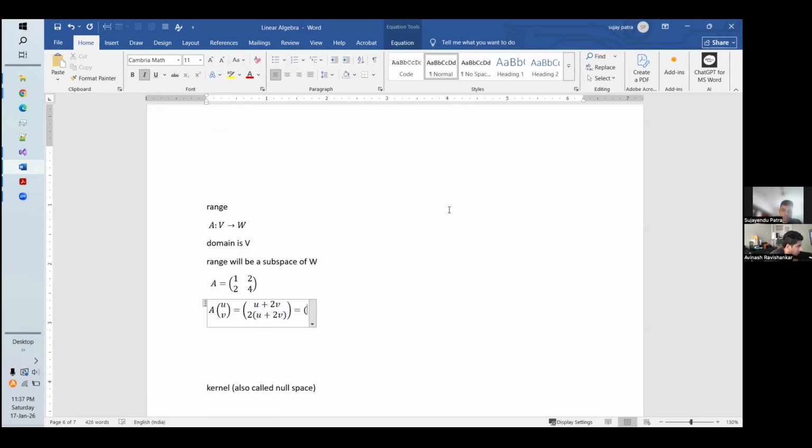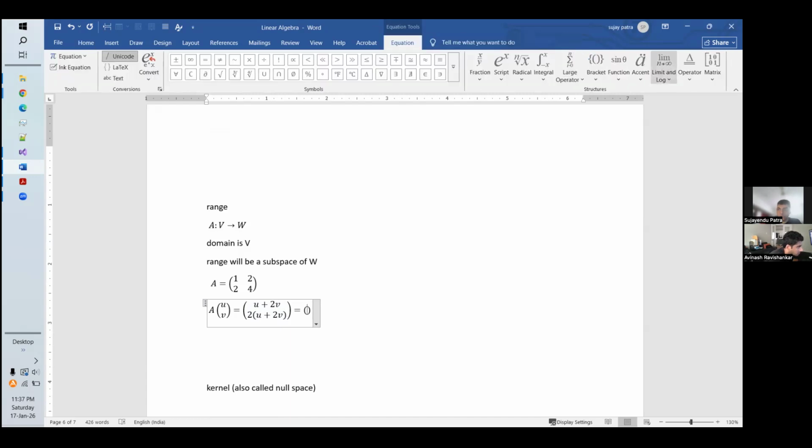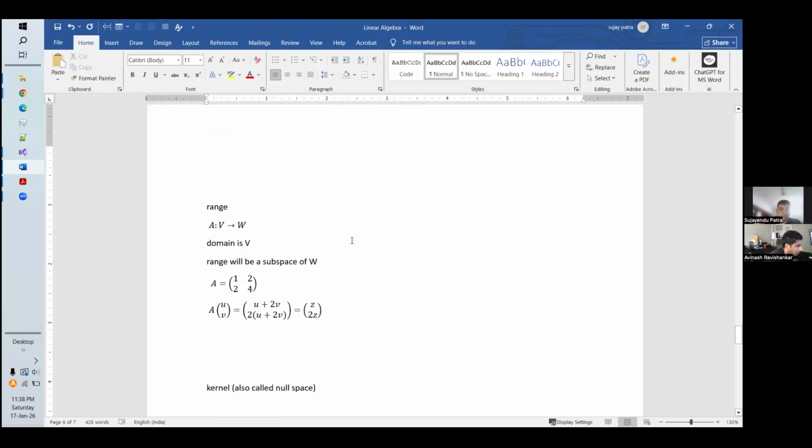Can I say this is just z and 2z, where z is u plus 2v? So whatever vector you multiply this matrix with, you will get output whose y component is double the x component.